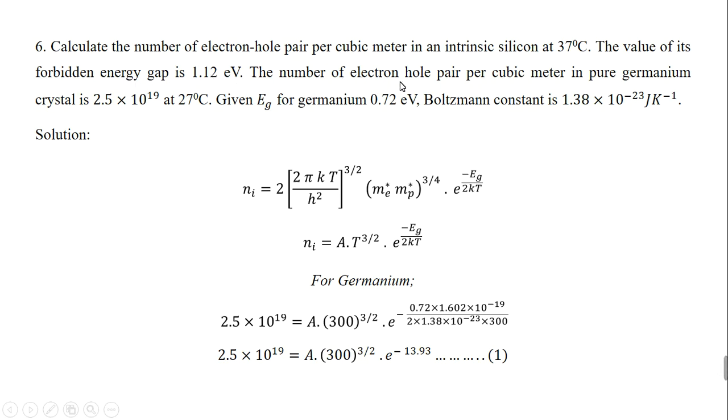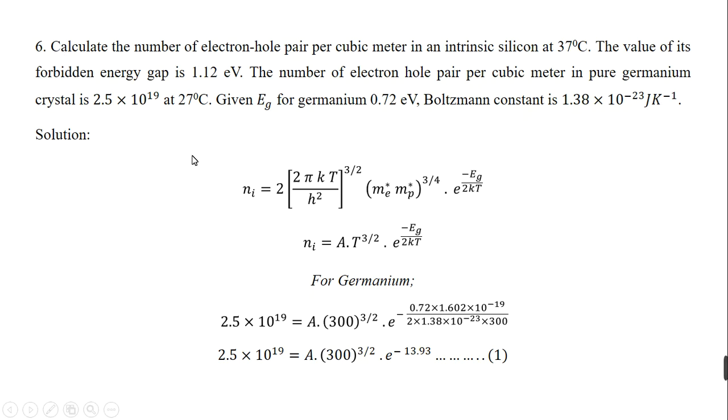The number of electron hole pairs per cubic meter in pure germanium crystal is 2.5 into 10 raised to 19 at 27 degrees centigrade. Given energy gap for germanium is 0.72 electron volts and the Boltzmann constant is mentioned.